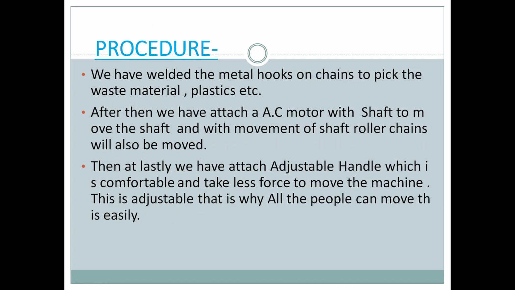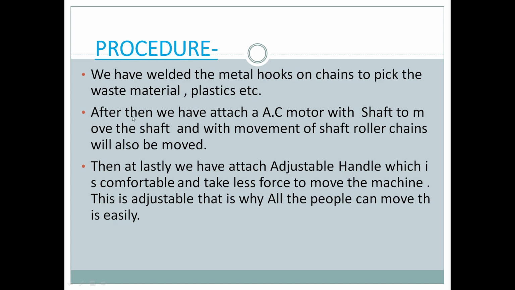Now the next procedure is we have welded metal hooks on the chain to pick up waste material, plastic, etc. We have to weld them on the chain because we want to rotate the shaft through the chain.